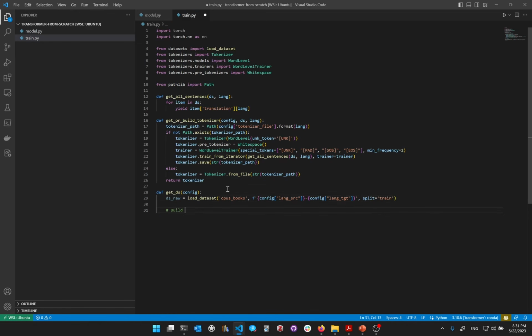So let's build the tokenizer. This is the raw dataset. And we also have the target.